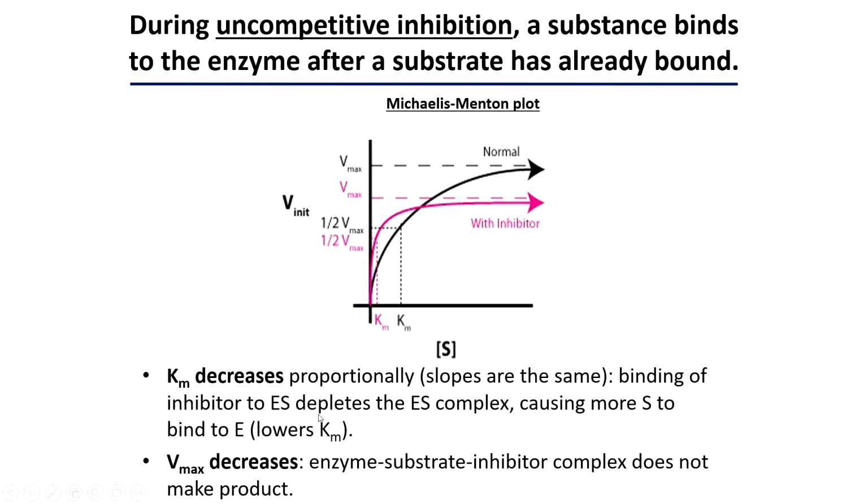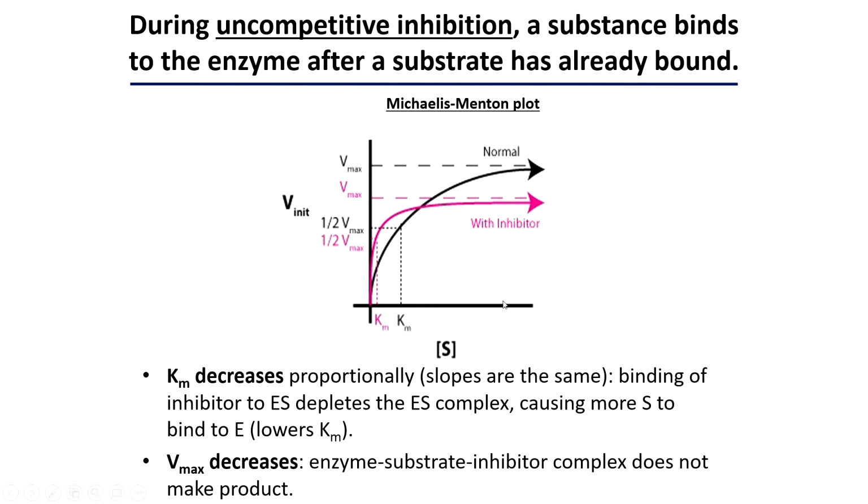What's interesting about this is that because enzyme binds its substrate so tightly and cannot then make a product, this means we can't recycle the enzyme. We can't get the enzyme back. And so when ES binds to an inhibitor, that essentially removes all of those enzymes from the reaction. Those enzymes are no longer able to function.